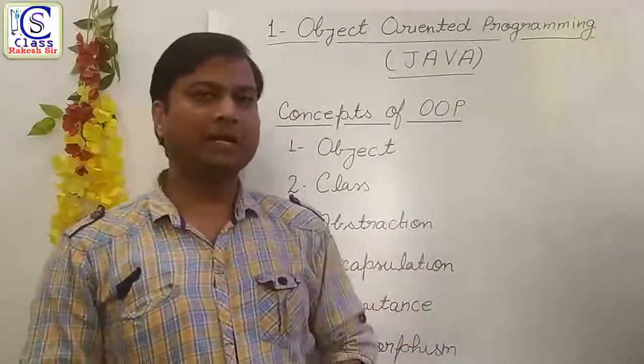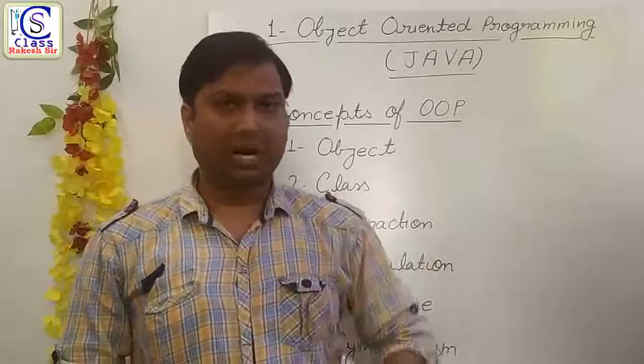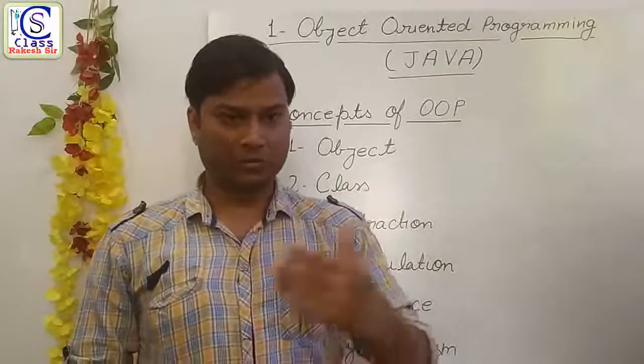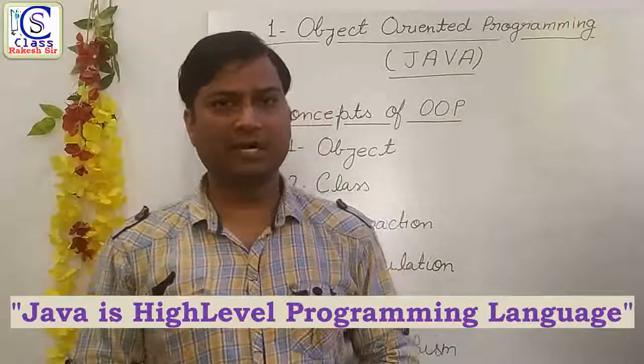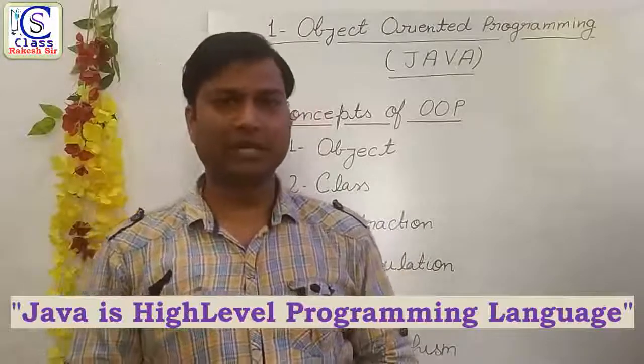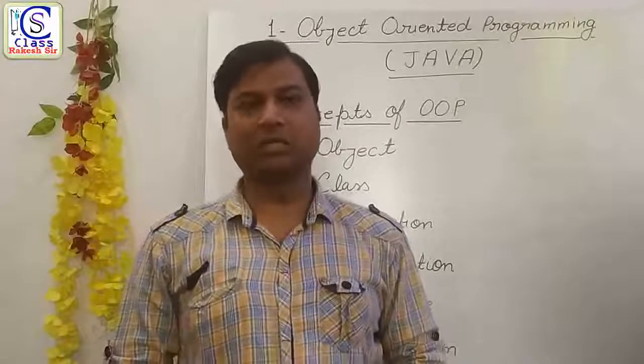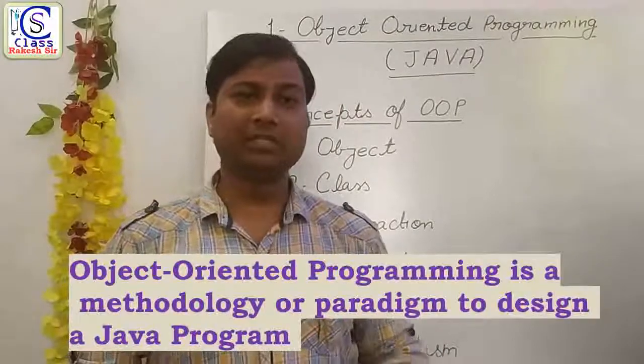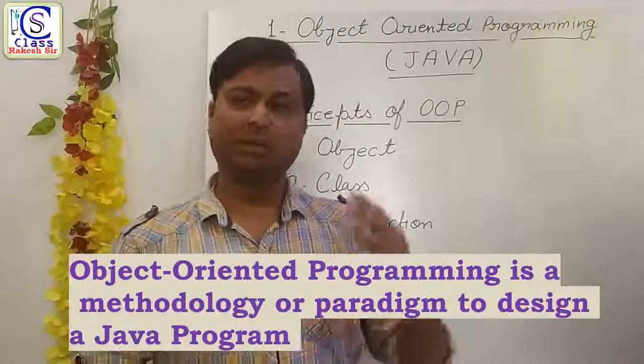In the first part, we learned what is Java and what is object oriented programming. Java is a high level programming language. And object oriented programming, as I've already told you in the first video, is a way to write a Java program.